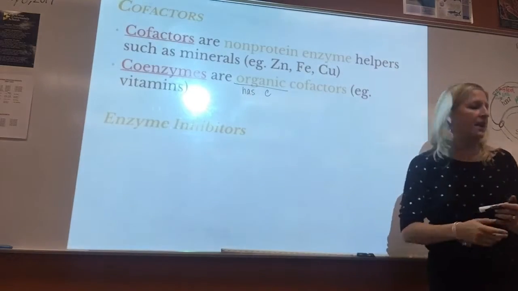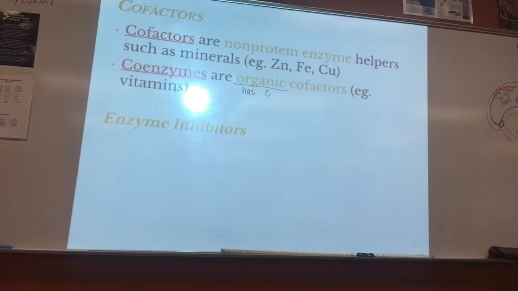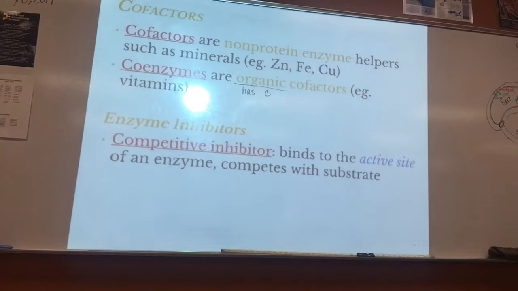There are some things that inhibit enzymes from working, and there are two different categories of inhibitors. A competitive inhibitor binds to the active site of an enzyme and competes with the substrate.